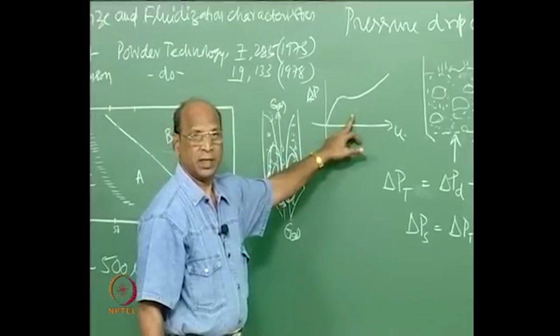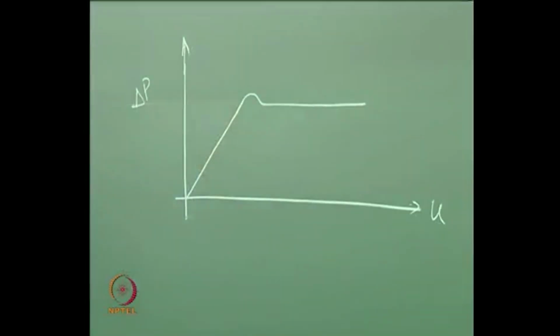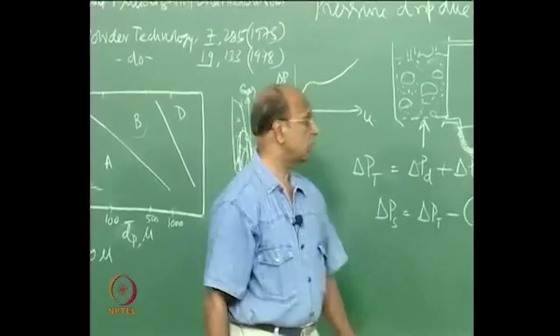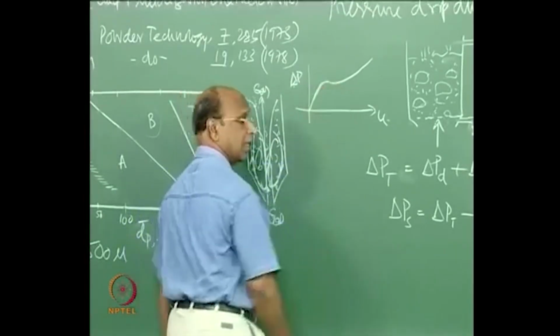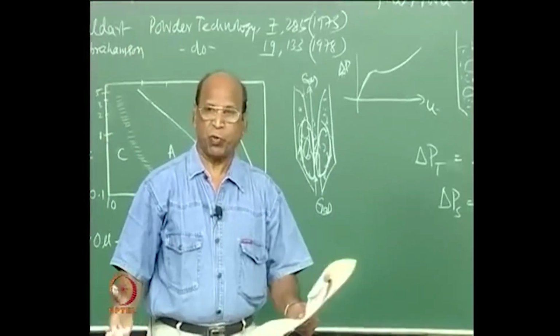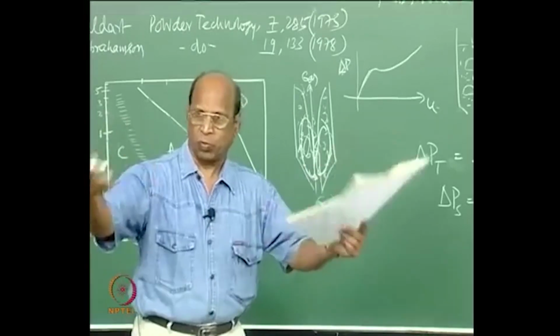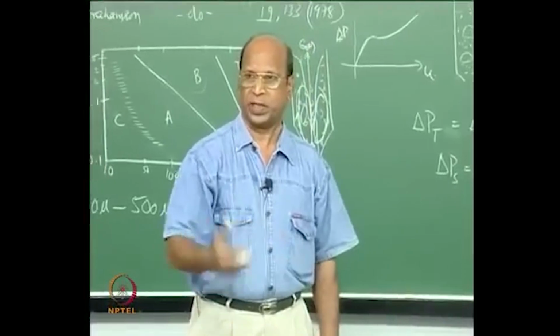Why? Why this is wrong one, that is right one? This is only, which is not fluidized. This is also fluidized. At this point you have fluidization, but after that it is continuously increasing pressure drop. So, after fluidization, our theory is that because there is no more additional solids, the total weight is constant, weight per unit area is your pressure, okay.